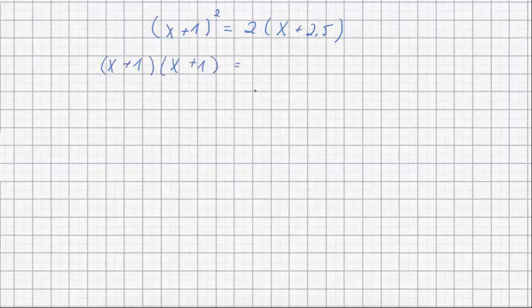And then it'll just be 2x plus 5. Yeah. Okay, so it's going to be x squared, plus x, plus x, plus 1 equals 2x plus 5.